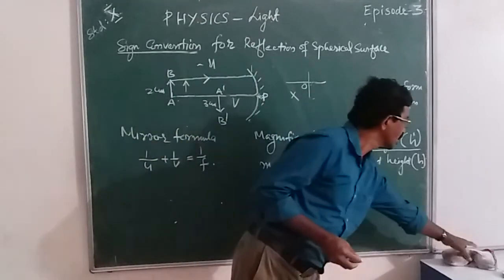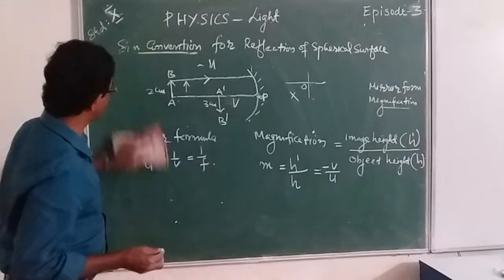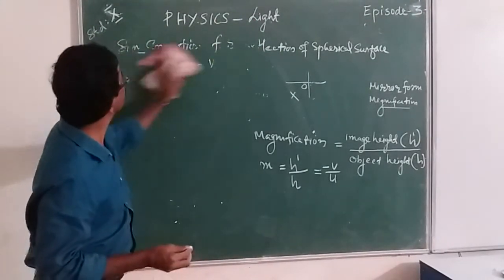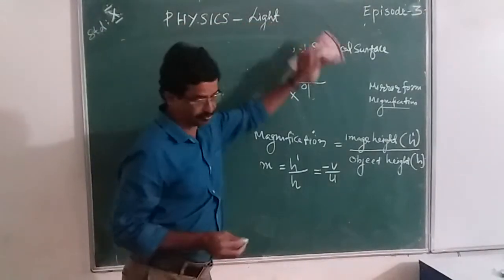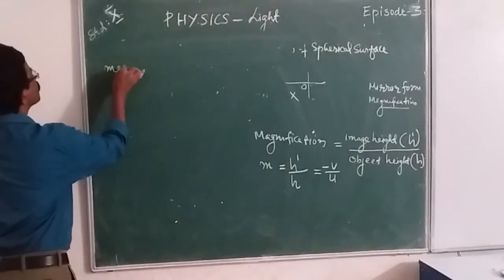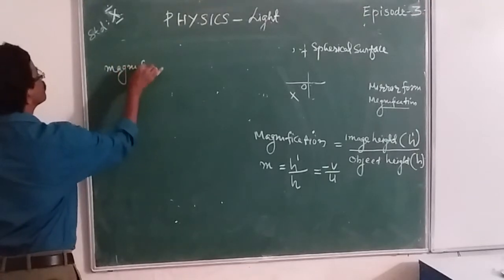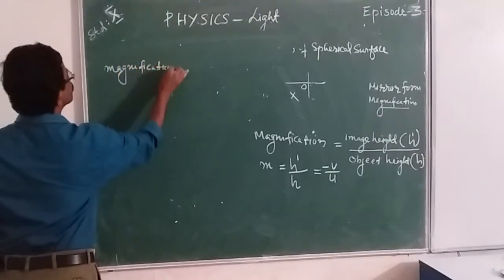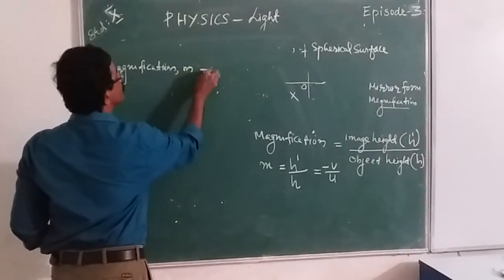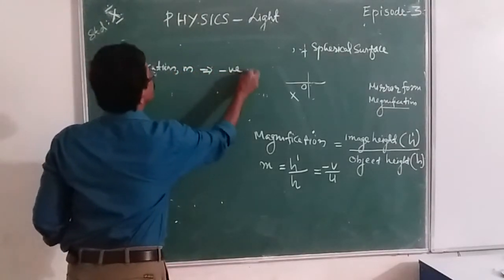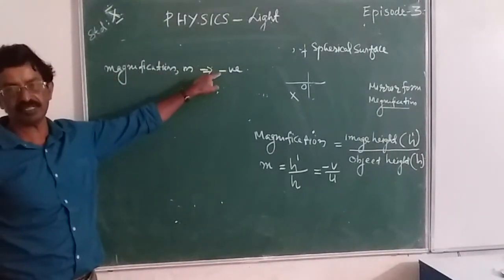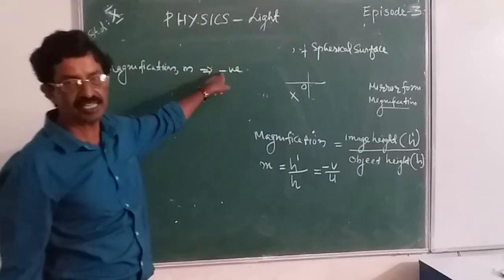When the magnification we get is negative, what does it mean?